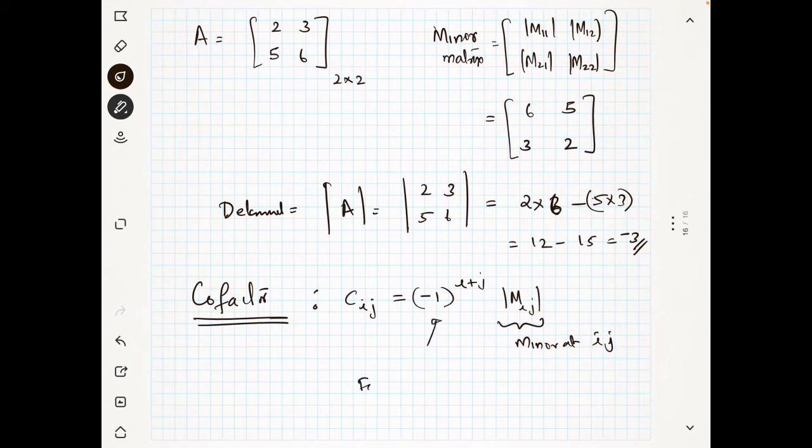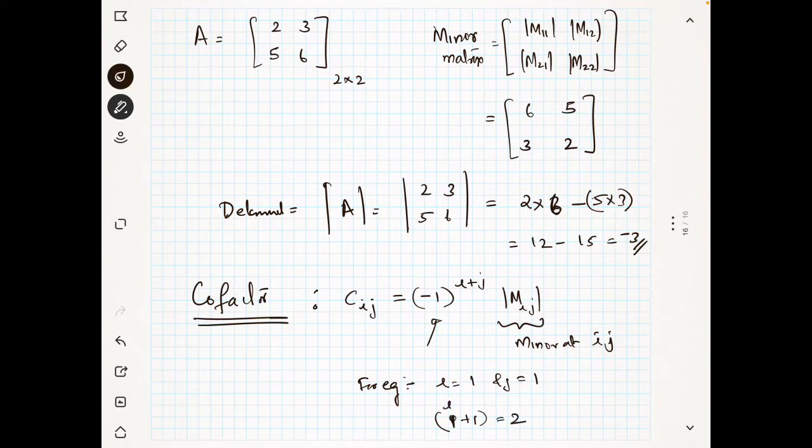Suppose, for example, if i equals 1 and j equals 1, it will be 1 plus 1 which is equal to 2.